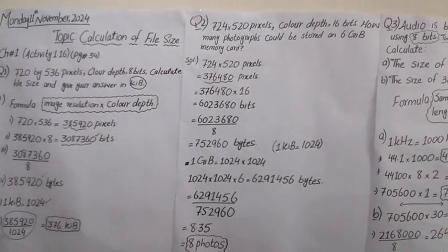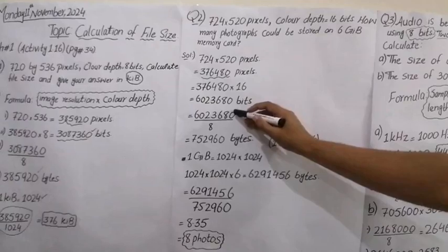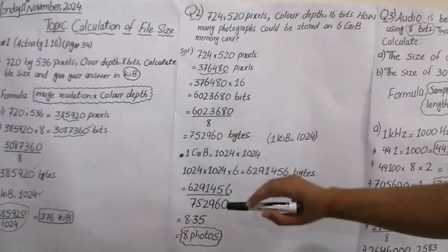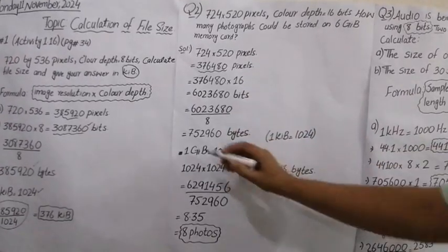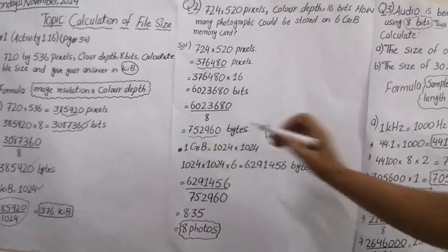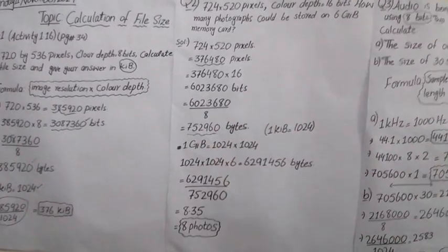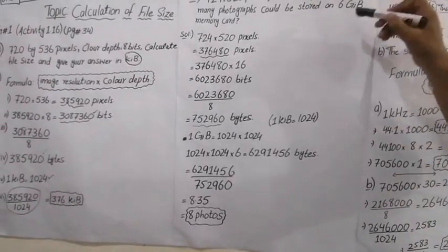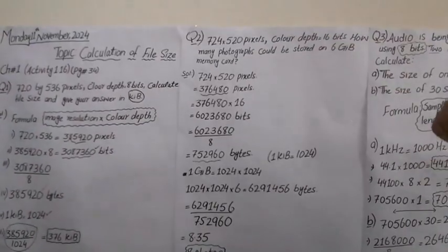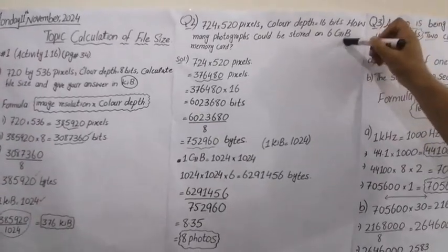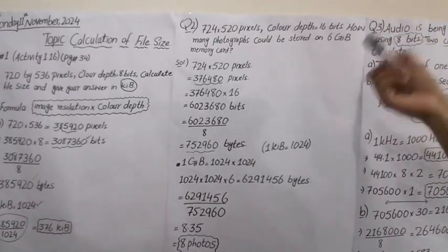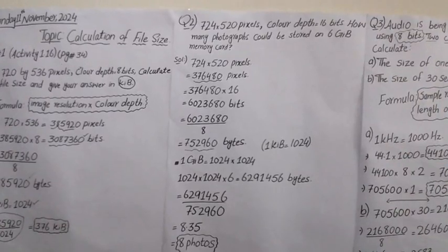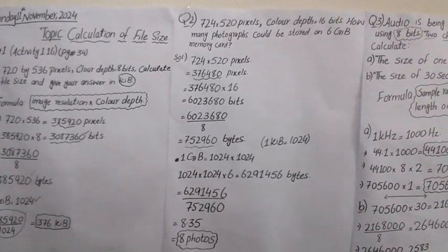So after dividing this value of bits by 8, we have got this value here in bytes, right? And after that, we have to show our answer, or tell how many photographs could be stored on a 6 GB memory card or USB or whatever the thing which we have.